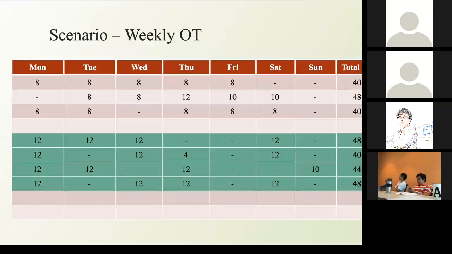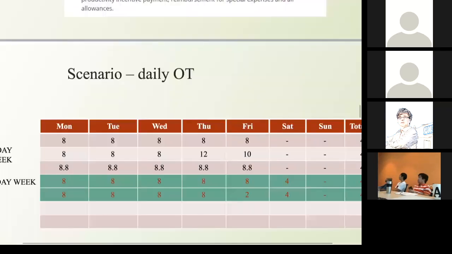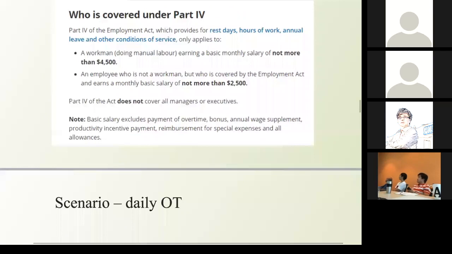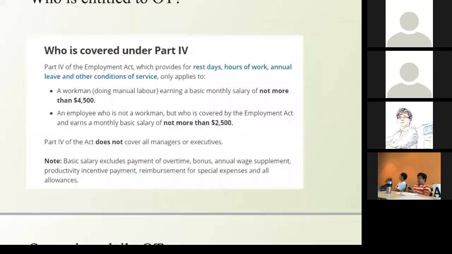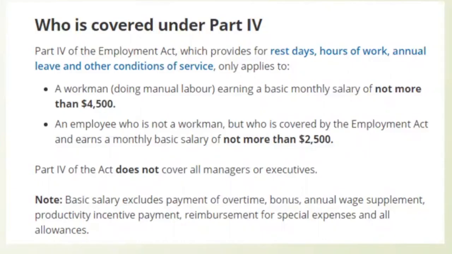In the Employment Act, if you look at it closely, there are 2 types of OT, with different ways of calculating. It can be a standard 8 hours a day. Anything more than 8 hours, you pay OT. That is assuming you already plan the work hours as 44 hours a week.